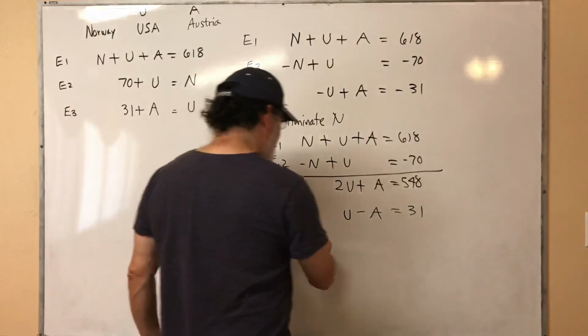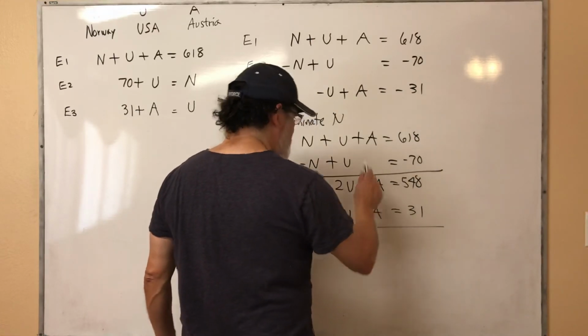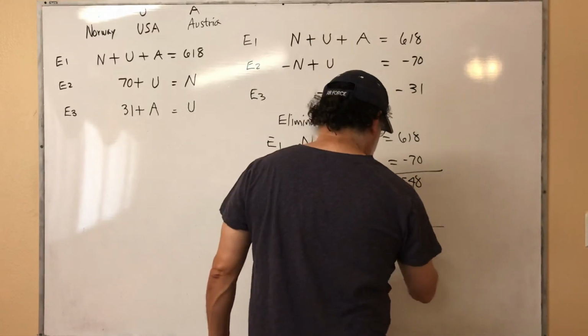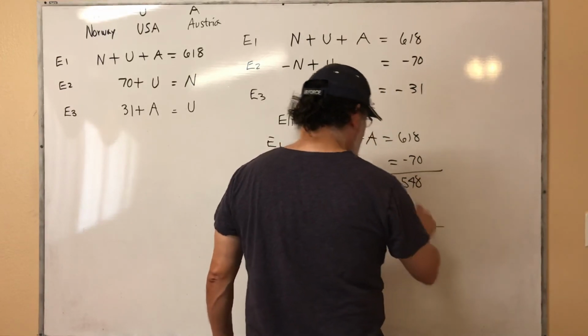Add them up, and that's going to be 3U. The A's cancel, and this is 579.